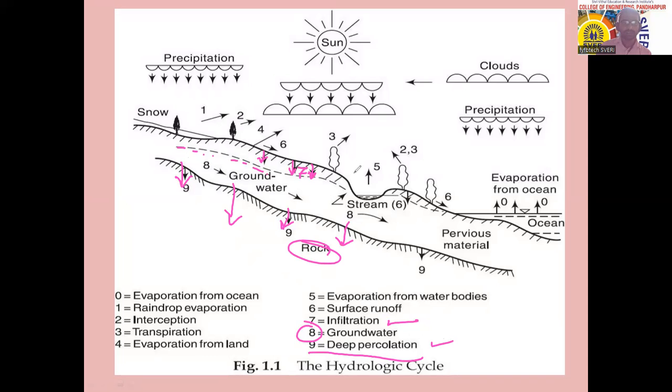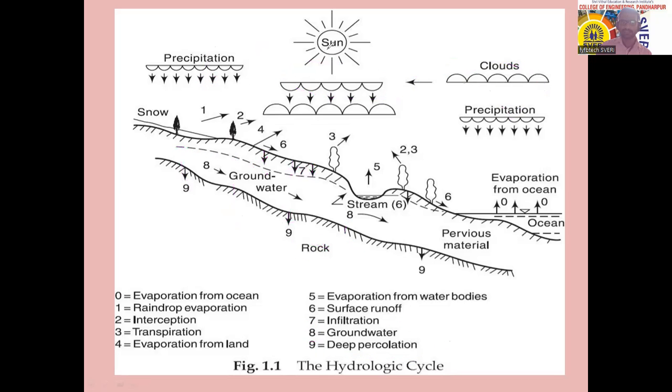This entire water which is lost reaches as a cloud. After cloud, condensation will happen. After condensation, precipitation will start again. Again this cycle is rotating. This entire cycle is called the hydrological cycle.